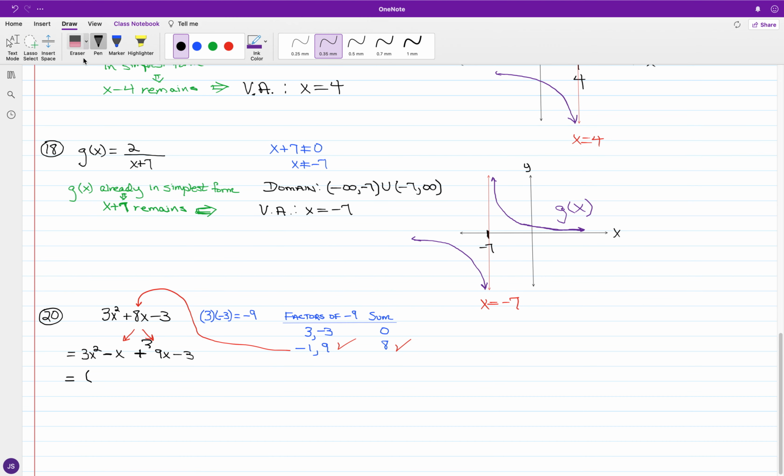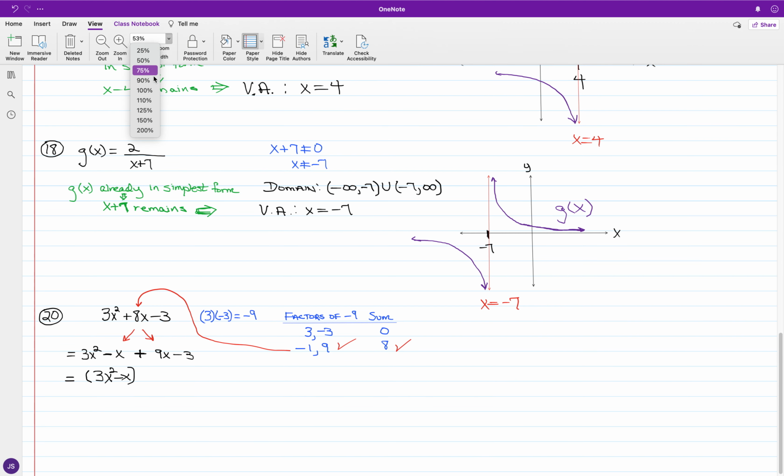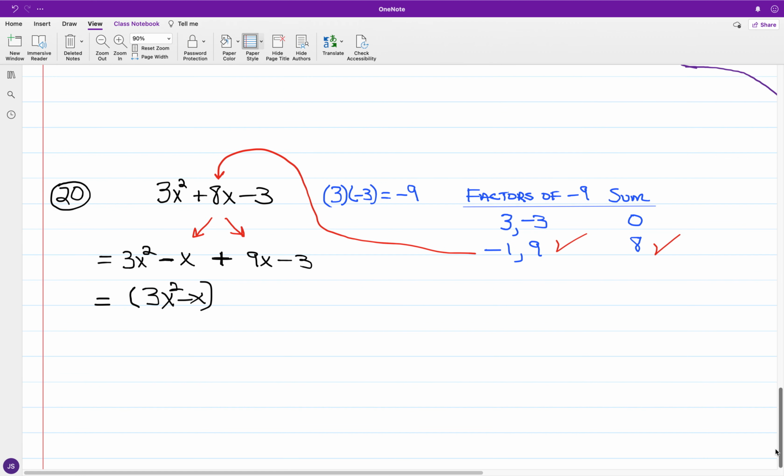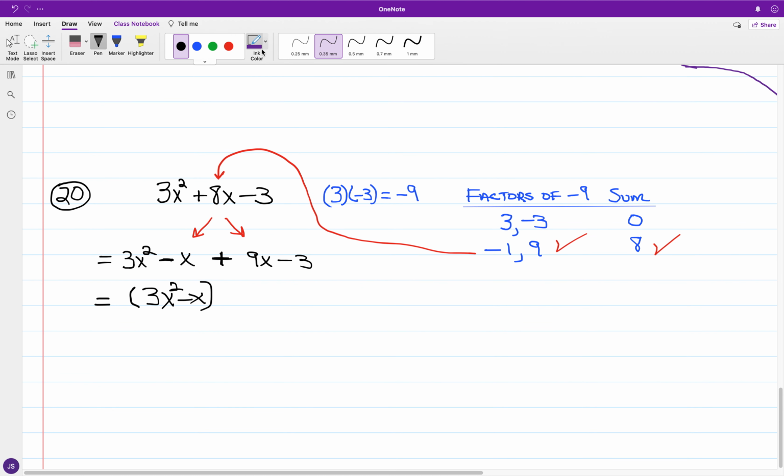So looking at grouping together, I have 3x squared minus x at the front, with addition in the middle, plus the quantity 9x minus 3. Looking at factoring, the greatest common factor of 3x squared minus x is x.